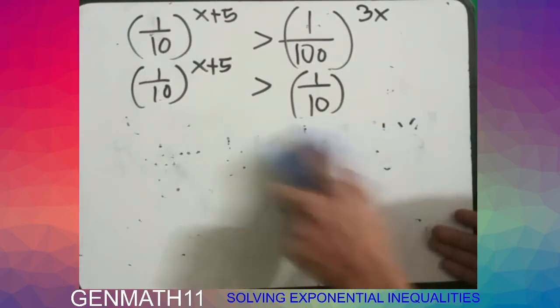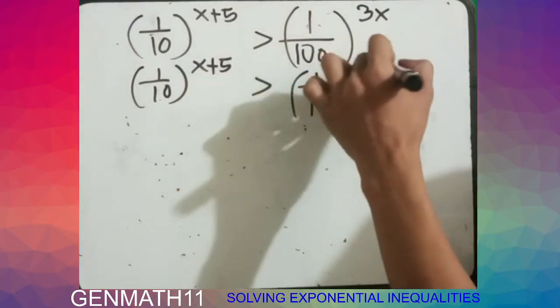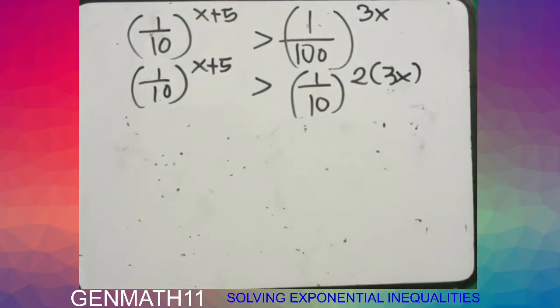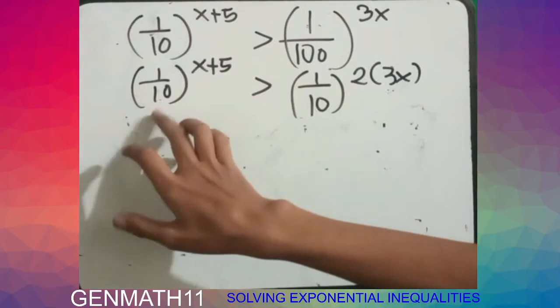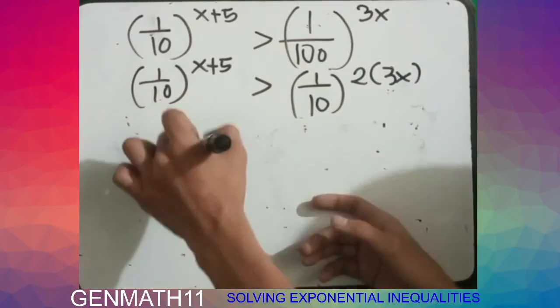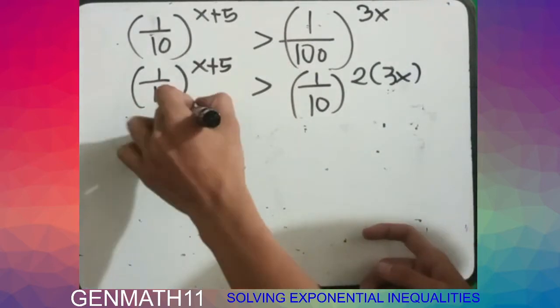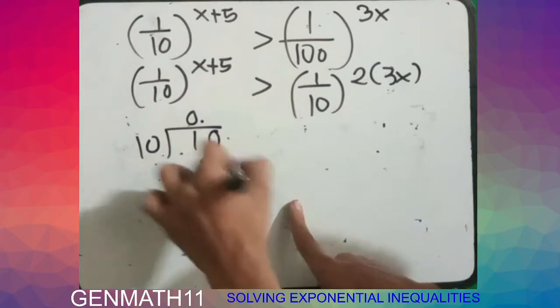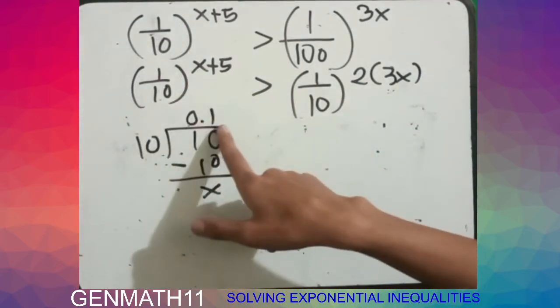So, burahin natin ulit. I-solve na natin yung ating exponential inequality. Ganun pa rin yung process: 2 times 3x. Next, since yung base natin, kapag dinivide mo si 1 over 10, 1 divided by 10, ang sagot ay 0.1.